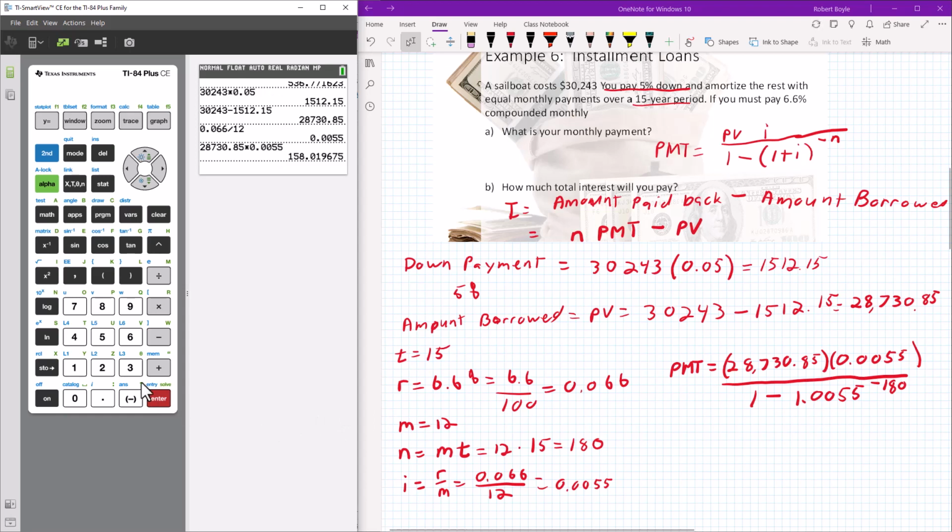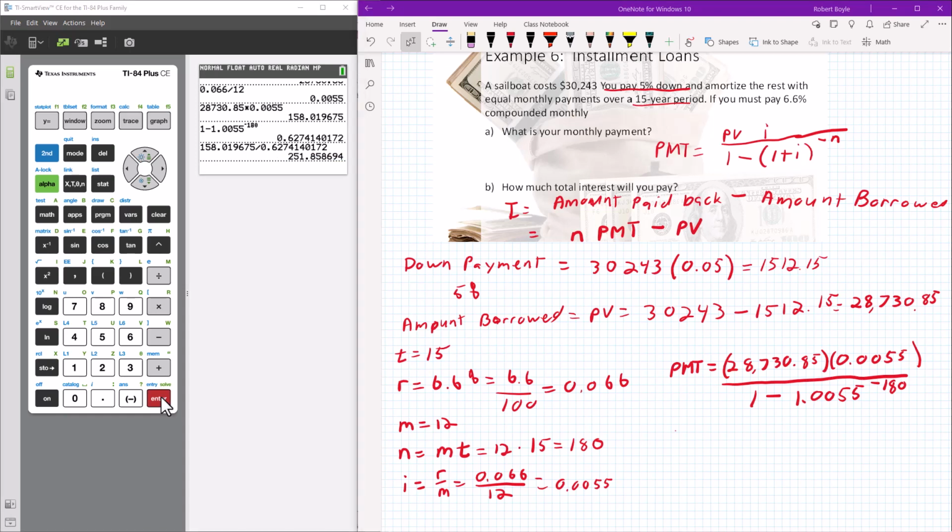For our denominator, we will have 1 minus 1.005 exponent negative 180, and that is our denominator. So our payment is going to be the value of the numerator, hit enter, divided by the value of the denominator, hit enter to do the math, and that is your answer.